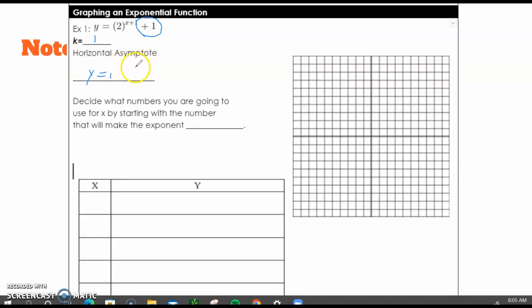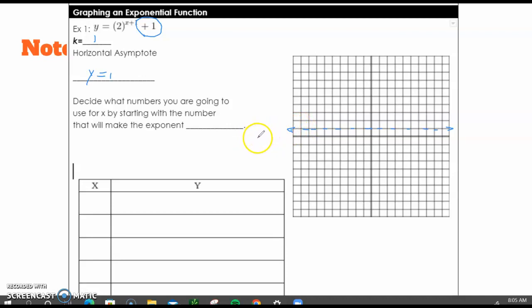Our graph will get close to but never cross this line. So we can draw a dotted line right through 1 to start. Our graph is never going to cross this line. It's going to get really, really close, but it will never cross this line.